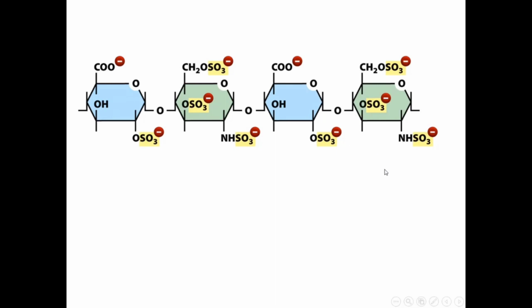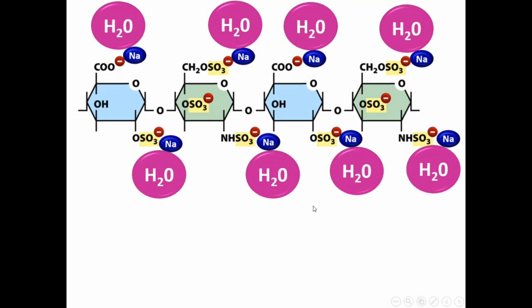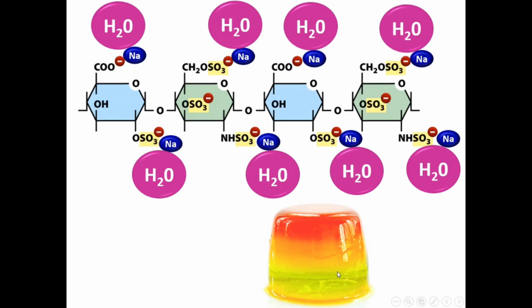The most abundant positive charge in our body is sodium. So sodium attaches to this negative charge to neutralize it. Accumulation of sodium around the GAGs makes an osmotic concentration, so they absorb water and make a structure like a jelly.